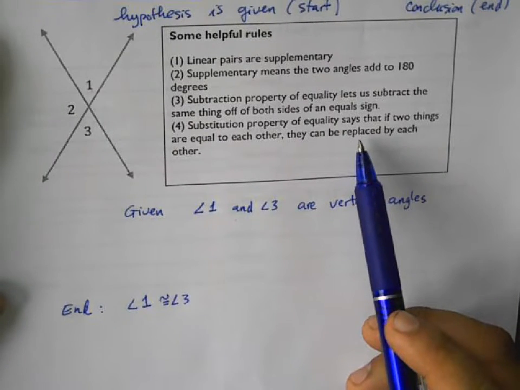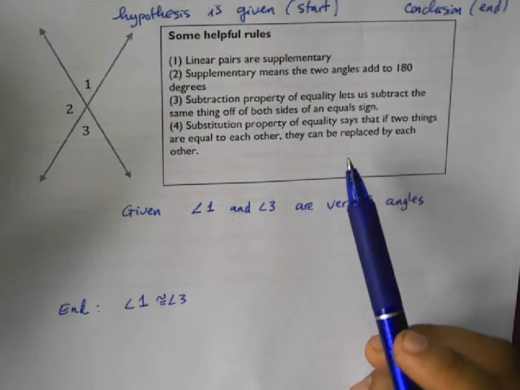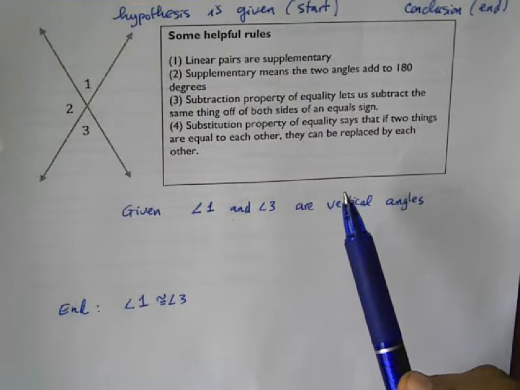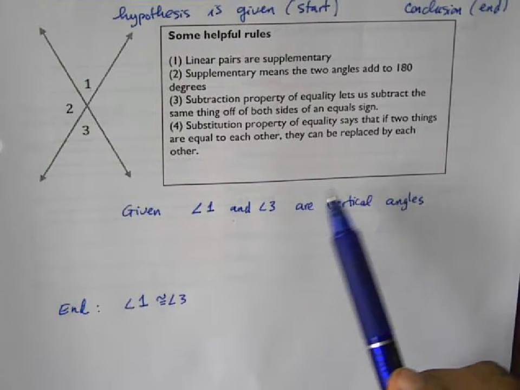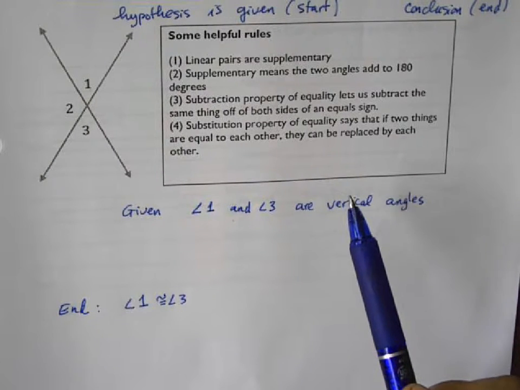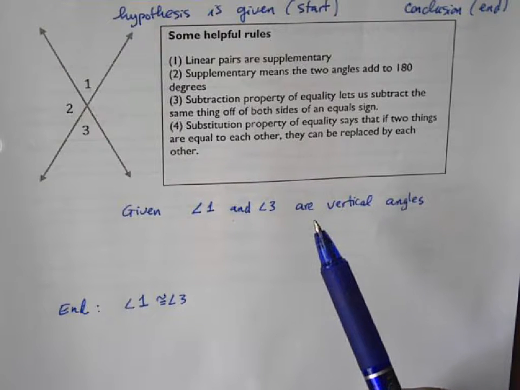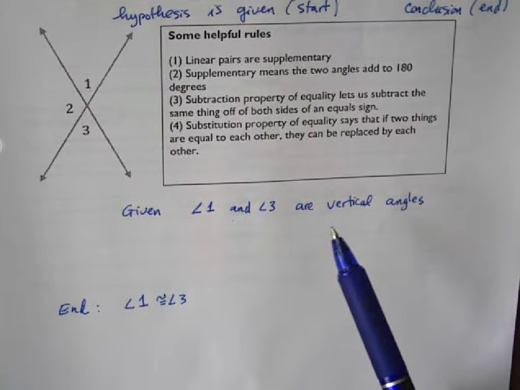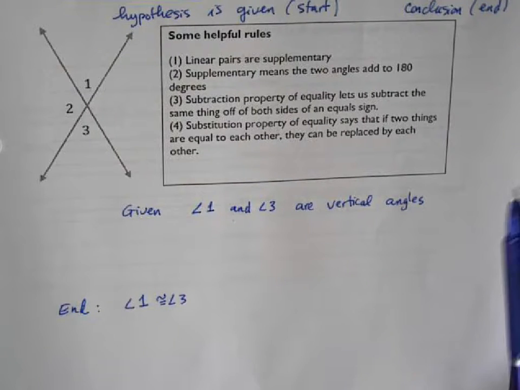Now the wonderful thing about geometry is that there are a great number of rules, lots of properties, postulates, lots of information that we can use. But the challenge of geometry is making sense of all of them and determining when some of them are useful and when some of them are irrelevant.